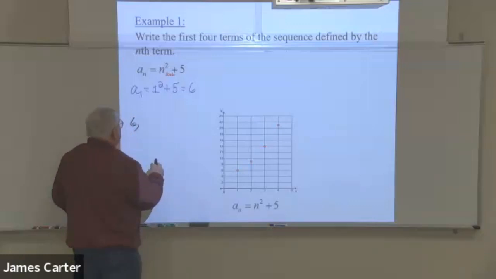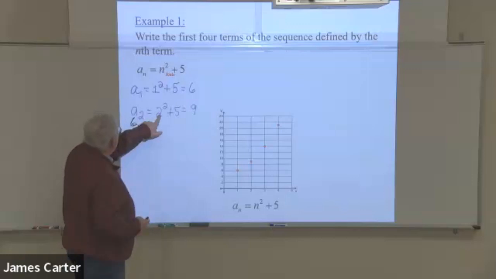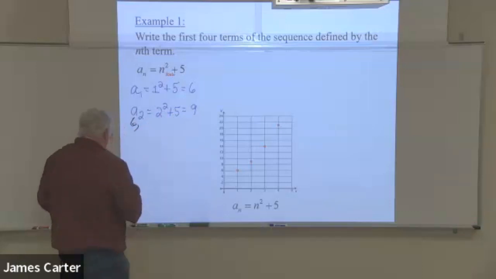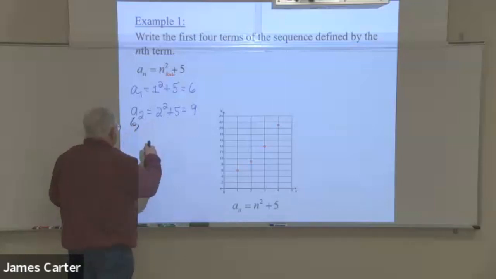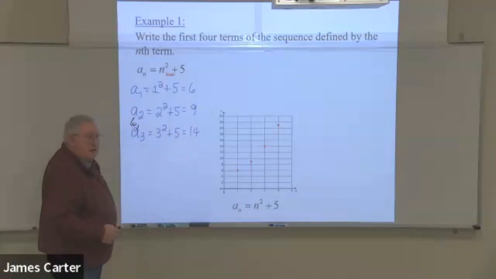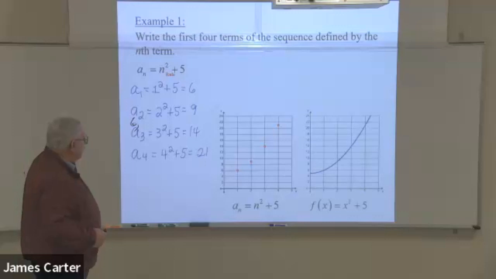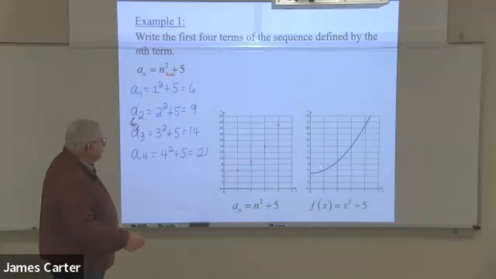Then the second term will be 2 squared, the place of the term, plus 5, or 9. So now we've got 6 and 9, and 14, and 21, and so on. And we can graph this function.